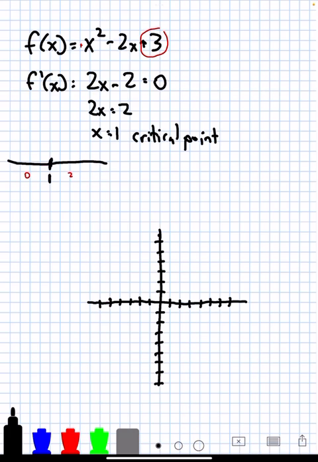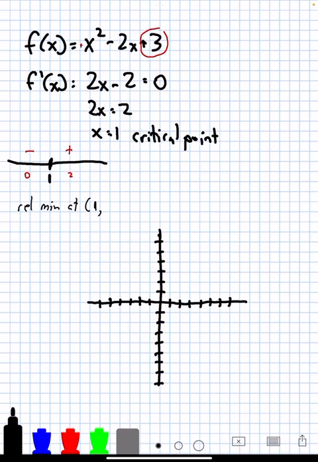And I want to plug this back into my first derivative. If we plug a 0 in, 2 times 0 minus 2 would give us a negative number. 2 times 2 minus 2 will give us a positive number. So that lets us know we're going to have a relative minimum at 1, and we need to plug 1 back into the original.